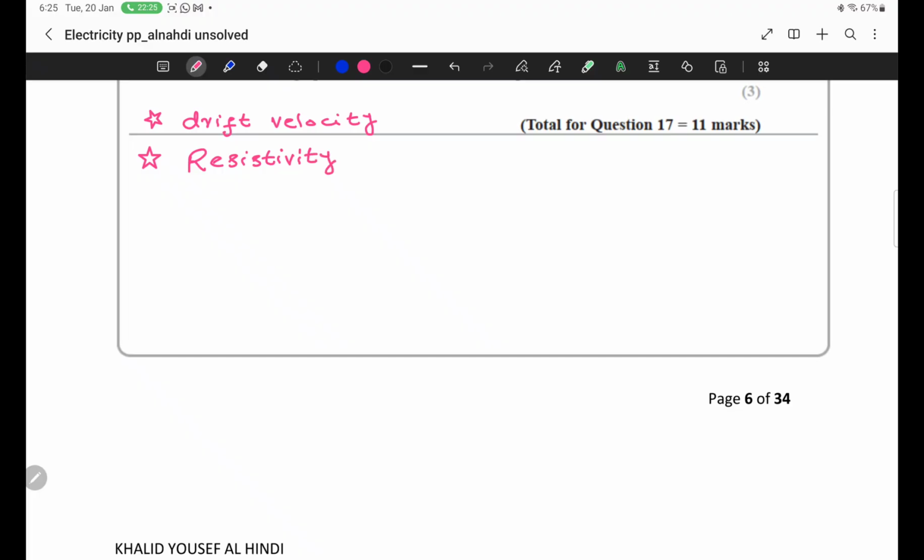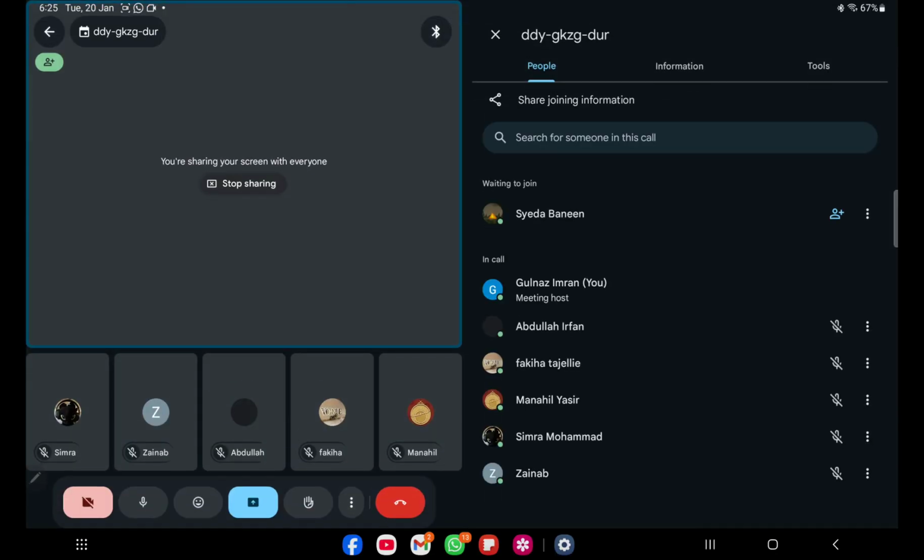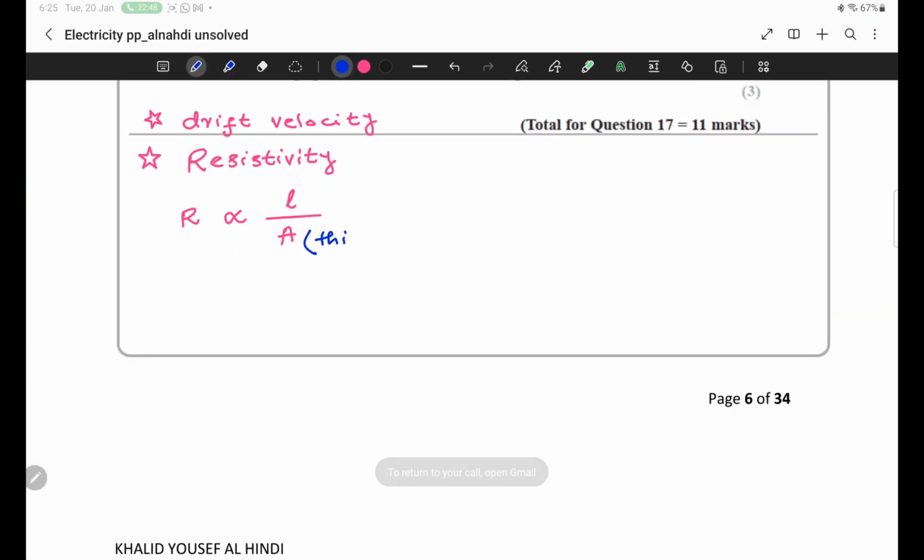You know what is resistance? Sir, resistance is the opposition to the flow of current, and resistance is directly proportional to the length of the wire and inversely proportional to the area of cross section. Area of cross section means thickness of the wire. So resistance is directly proportional to the length.